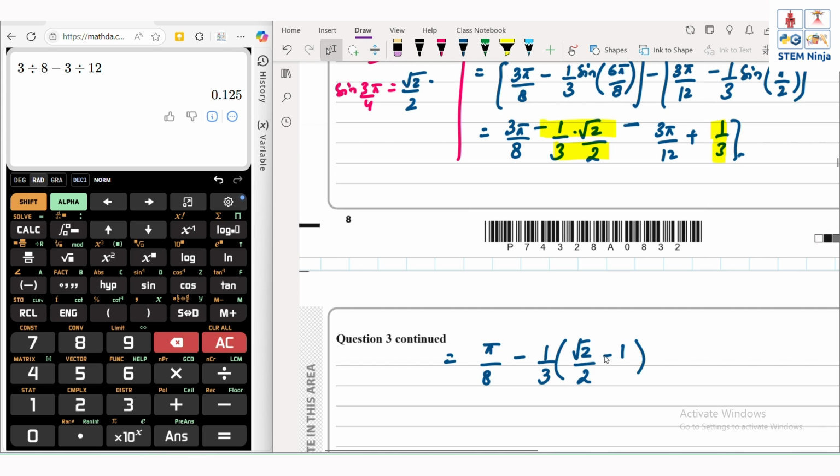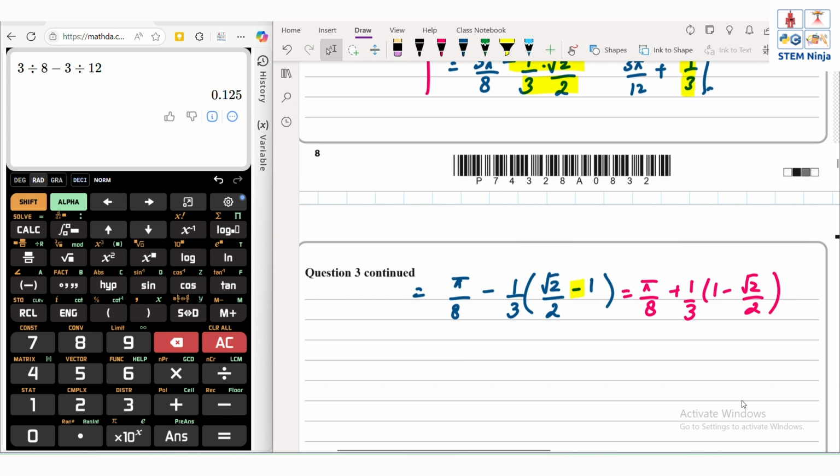So minus 1 to take care of that plus sign over here. Alternatively, what you could have done over here is pi by 8 plus 1 over 3, 1 minus square root 2 over 2, which is exactly the same thing, just a rearranged version of this.